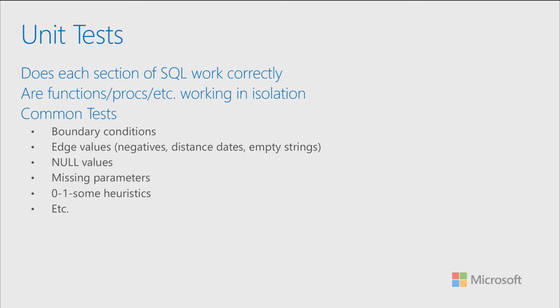I want to make sure that the old version with 3 parameters and the new version with 4 parameters both work. Zero-one-some is a heuristic that we want to test for often. What happens if no rows are returned, if one row is returned, if multiple rows are returned. Those are the types of unit tests that we want to build, and we'll give you some examples in the lab. Any type of test you can think of that covers an issue, especially an issue reported by a customer, I want to ensure gets incorporated into my CI process and is run in the future.